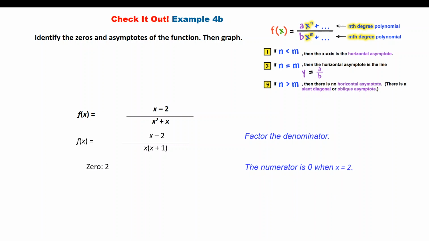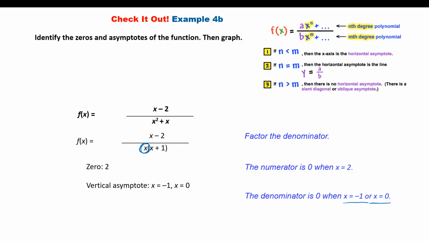So that tells me that the zero is at 2. All right, and then the denominator is 0 when x equals negative 1, or we can't leave out this one, when x equals 0. So be really careful that you don't leave one out, all right? So that tells me that our vertical asymptotes are at x equals negative 1 and x equals 0.